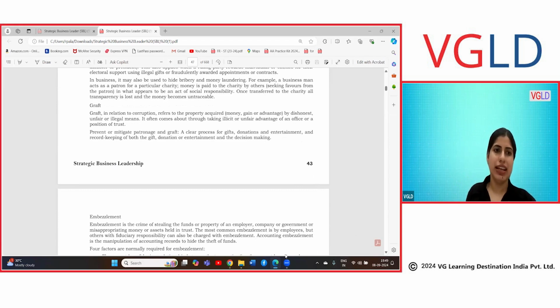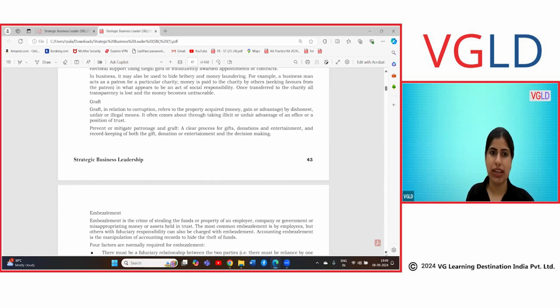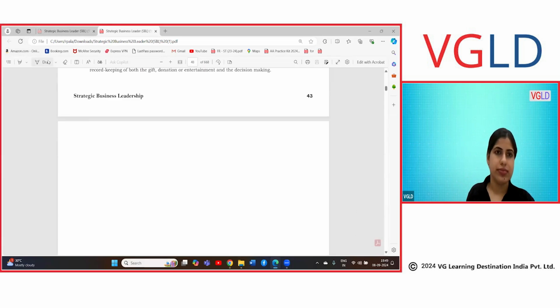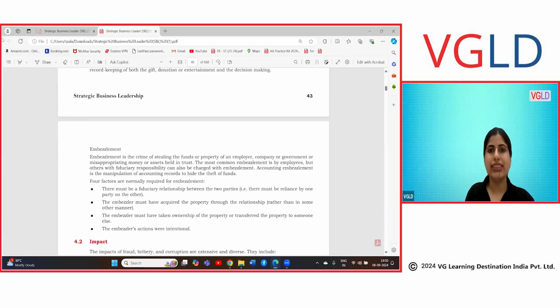And embezzlement. Embezzlement is something which you must have heard. Embezzlement of assets, embezzlement of money. It is stealing.